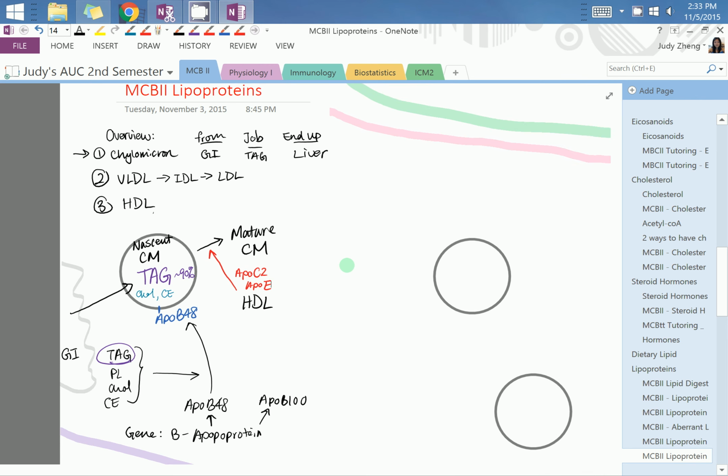And we talked about a little bit here, the job of the chylomicrons is to drop off triglycerides, right? So it basically has to give off triglycerides. And as it gives off triglycerides to the peripheral tissue, it's going to become a chylomicron remnant.